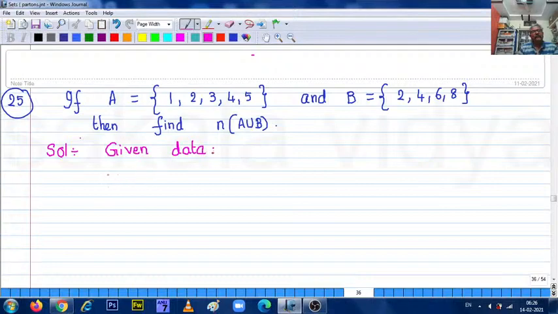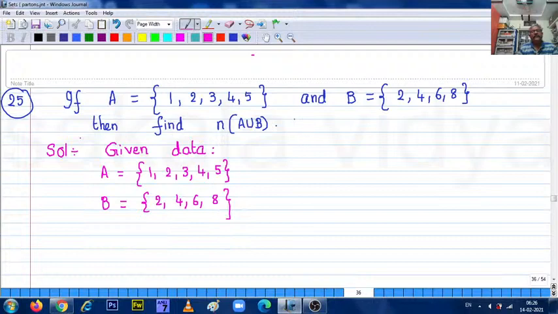So here A equals 1, 2, 3, 4, 5 and B equals 2, 4, 6, 8.